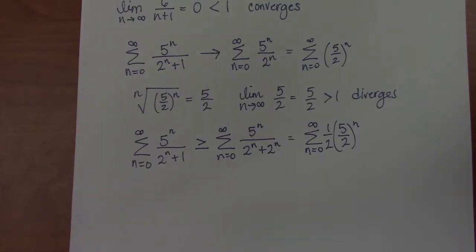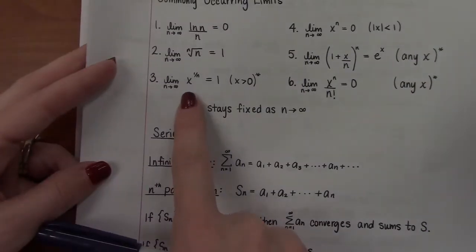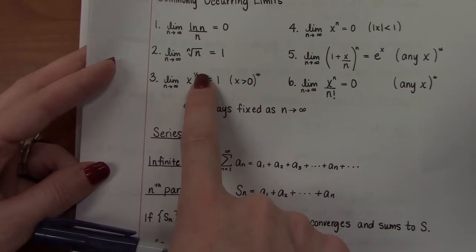Or I could apply the root test to this. Now, with the constant out front, the root test, you're going to get 1/2 to the 1 over n. And we actually know from our commonly occurring limits that any x raised to the 1 over n goes to 1.